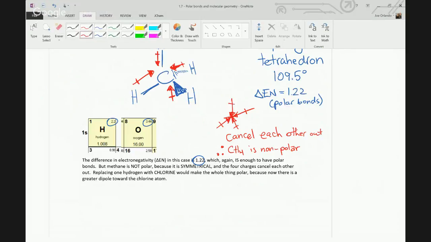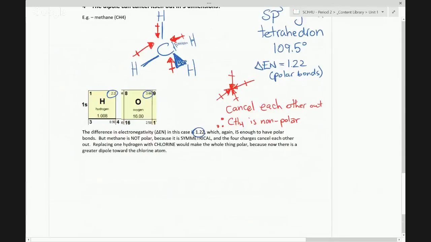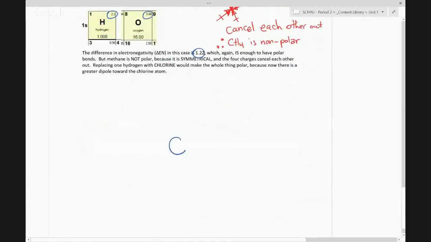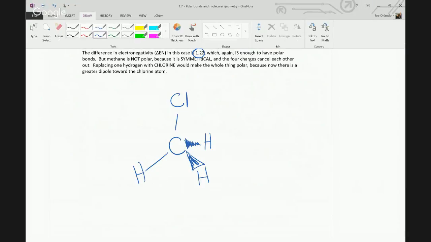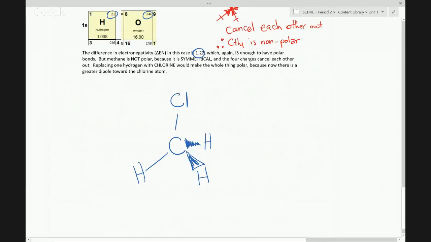Whereas if we were to replace just one of these with something else, if we put carbon in the middle and had it bond with all these things again, hydrogen, hydrogen, hydrogen, but on top we put a chlorine, well, I hope you'd see that now, because chlorine is different, we get a dipole here again from hydrogen to carbon.